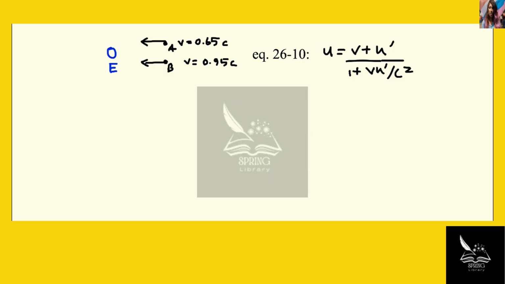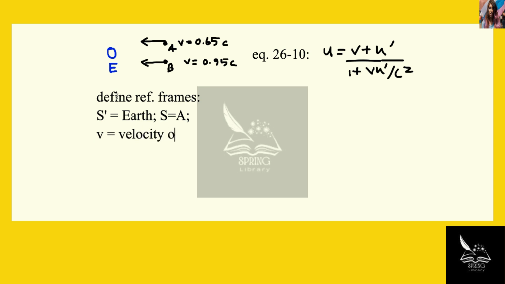What we need to do is define reference frames. We say that S prime is the Earth, S is spaceship A, rocket A, which means that V will be the velocity of Earth with respect to A. And similarly, U prime will be the velocity of B with respect to Earth.